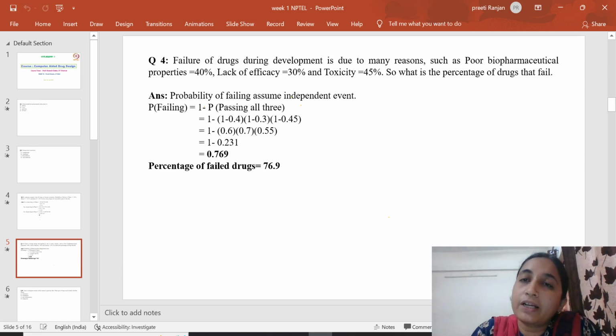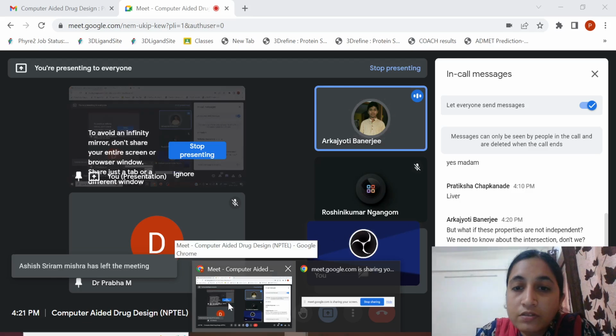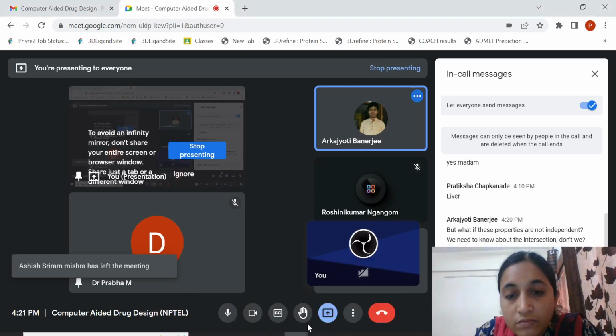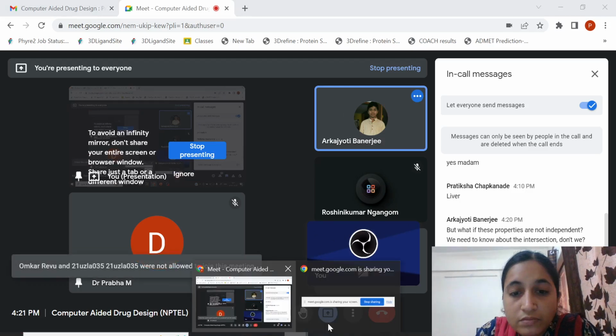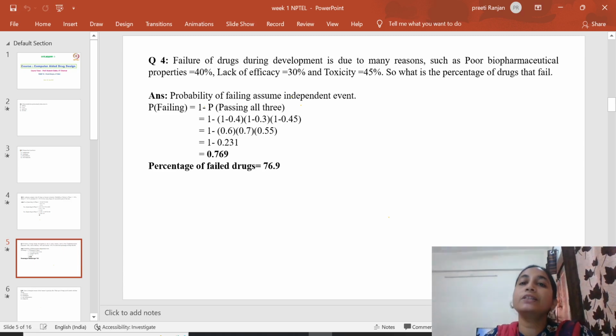So how will union occur? Here intersection will occur, na? These are all independent events, na? Failure occurs due to many reasons. So this can be the reason, this can be the reason, this can be the reason, na?